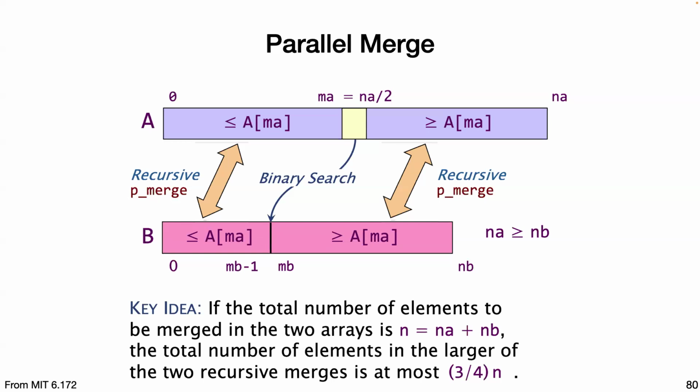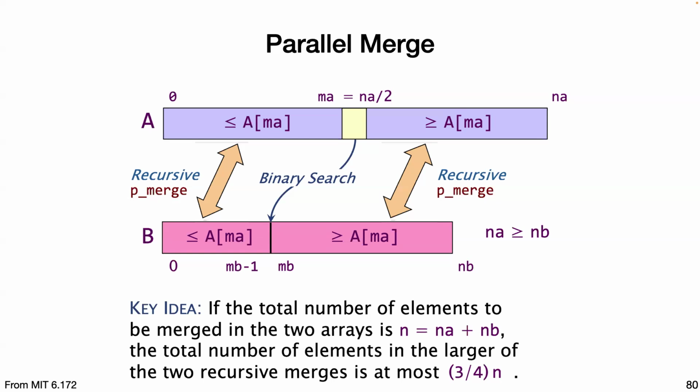We want to divide this, again recursively, into two halves, such that we can merge the left half and the right half, and they both fall into the same range. So all the elements in the left half will be smaller than all the elements in the right half, because when we unwind the recursion, we want to have this property.